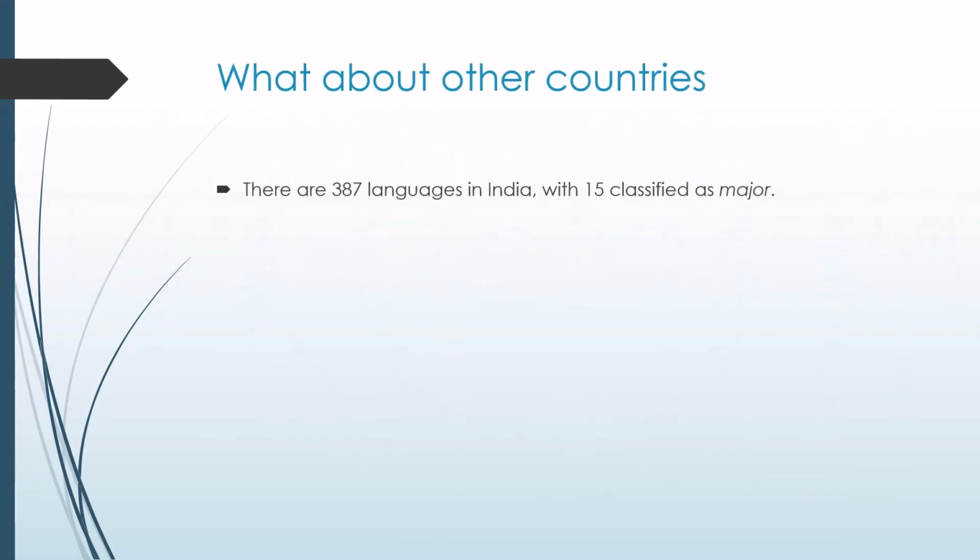There's other places in the world that are just language hotspots, right? So India, for instance, has 387 different languages, with 15 of them classified as major, right? But by saying that that language is major, you can imagine that it's the largest language in its particular family, but there's a number of different language families as well, and it could also be classified as major depending on the number of people who speak it, which also means, right, that when there's 387 languages, nobody's ever going to learn 387 languages.